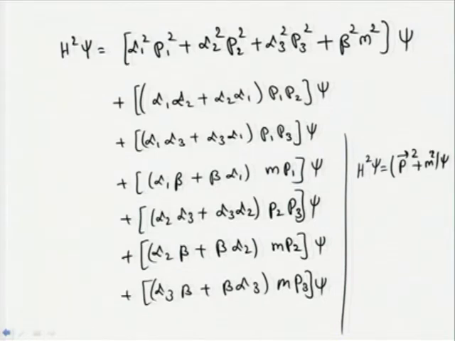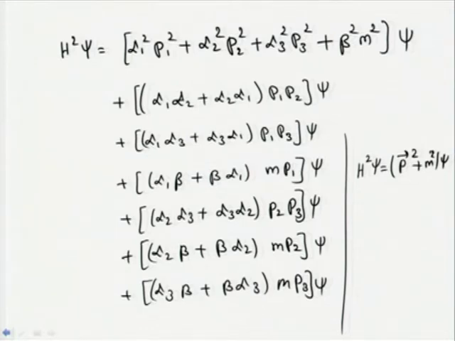Now, the rest of it, all the terms should either cancel with each other or should vanish identically. So, the first term is proportional to P1 P2, second term is proportional to P1 P3, then MP1, P2 P3, MP2, MP3.